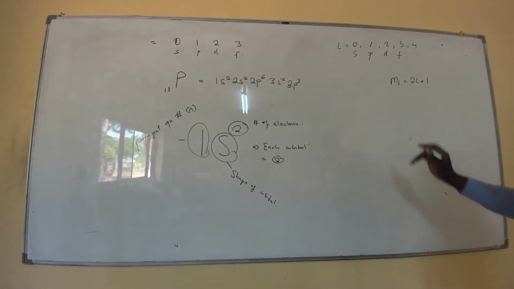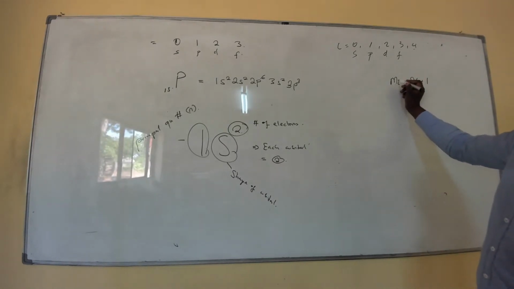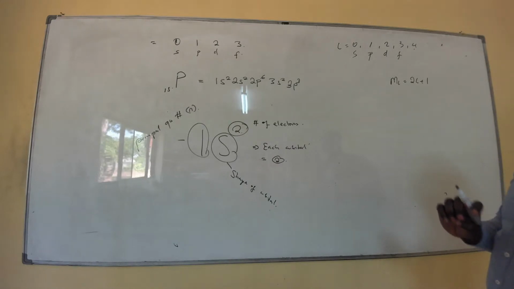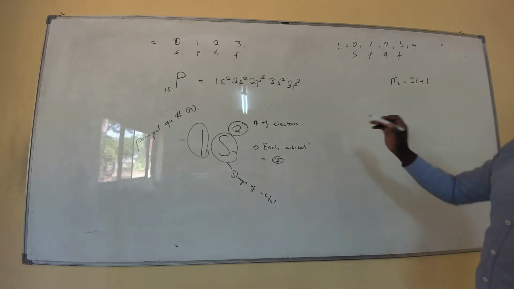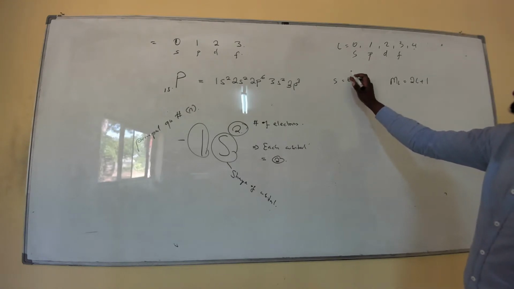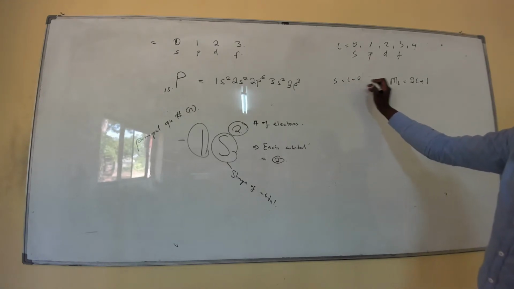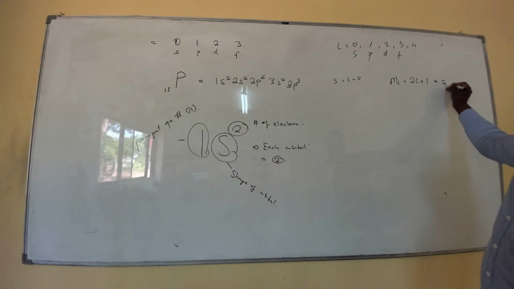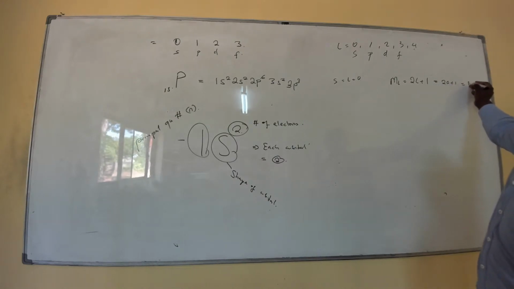Using the magnetic quantum number, we can determine how many of each orbital there are. For S, L is equal to 0. When you substitute 0 here, you have 2 times 0 plus 1, meaning 1.